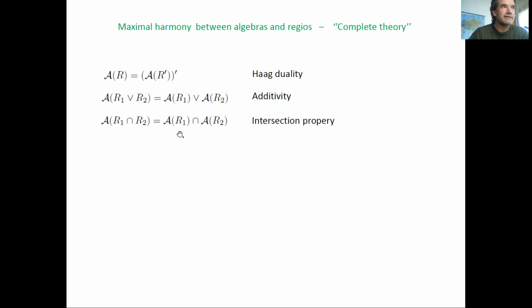This other one is the intersection property, and you can see that this property just follows from these two. If they hold everywhere, this follows automatically. So I will not talk much about this intersection property. These two relations are things that one can think about and try to impose in a theory. They are proven, for example, for a free scalar.